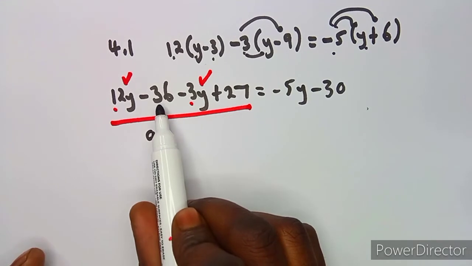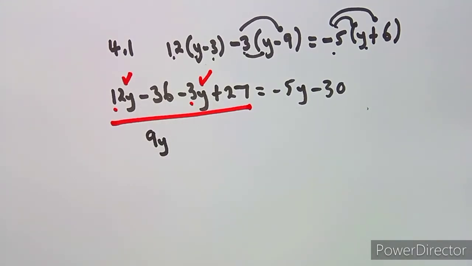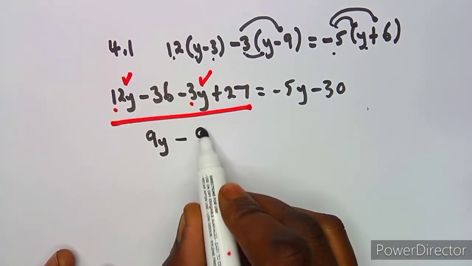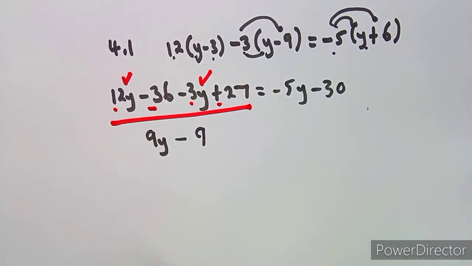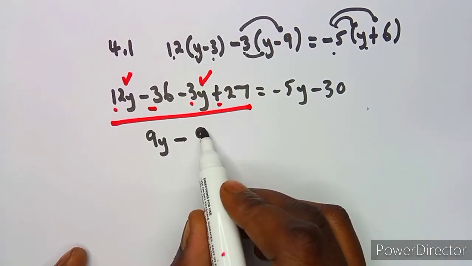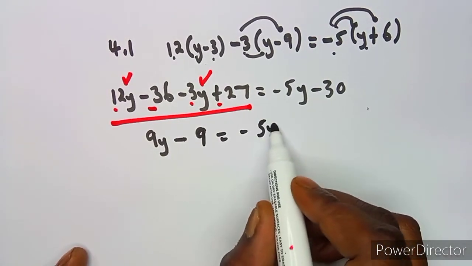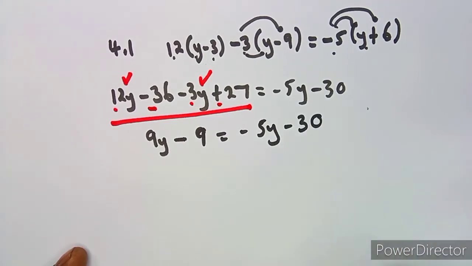And we've got −36 plus 27, which is going to give us −9 exactly. So we have collected these terms, which gives us −9, is equivalent to −5y − 30, like this.